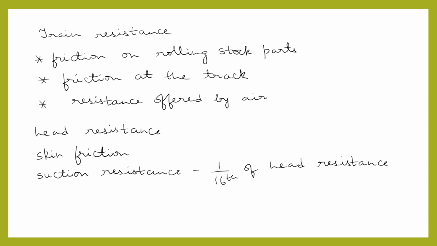The general equation of the train resistance is R equal to K1 plus K2V plus K3V square, where K1, K2 and K3 are the constants depending upon the train and track, and R is the resistance in newtons per ton, and V is the speed in kilometer per hour. So the first two terms represent the mechanical resistance and the last one represents air resistance.